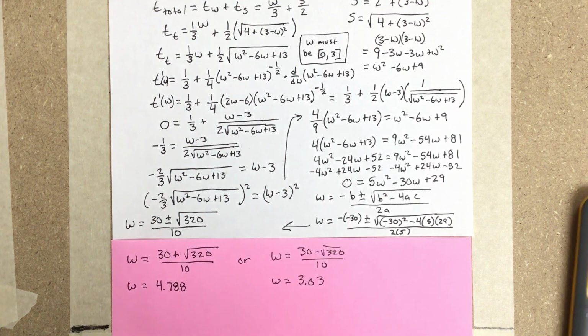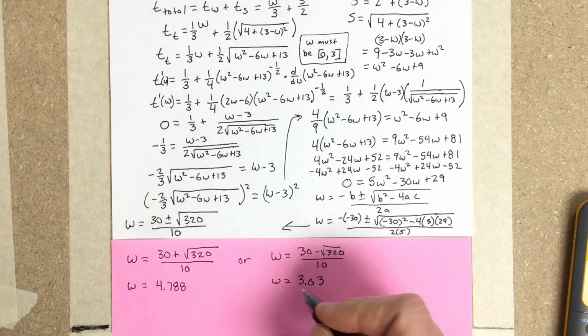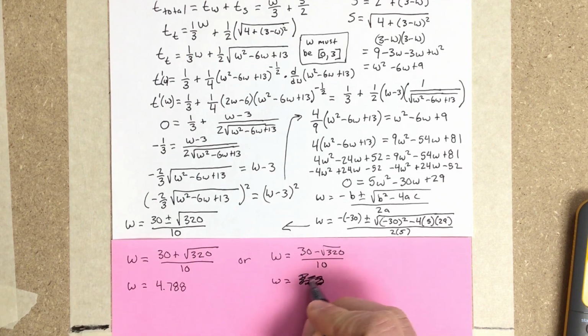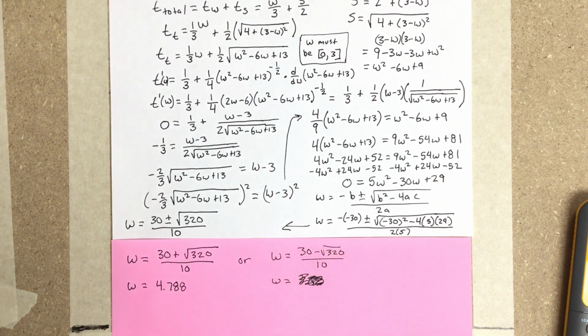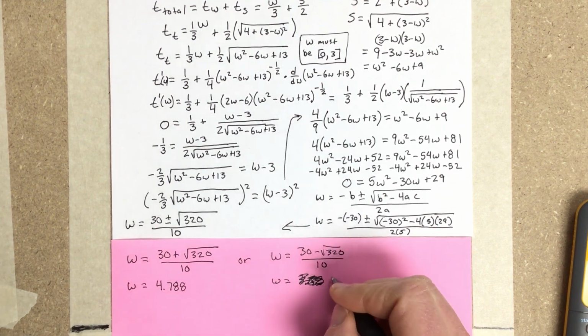Let's see. Oh, I screwed up. This is not 3.03. I divided by 4 here in my calculator. I should have divided by 10. Yeah, that makes sense.